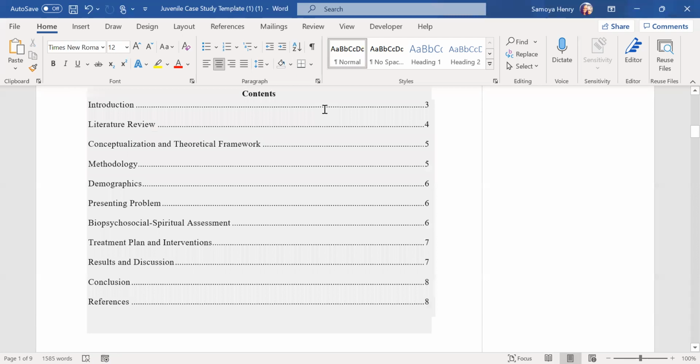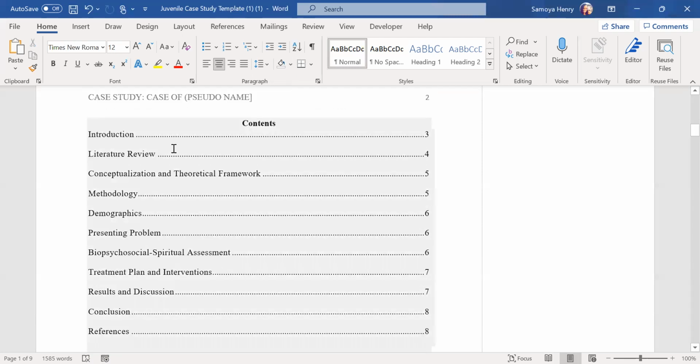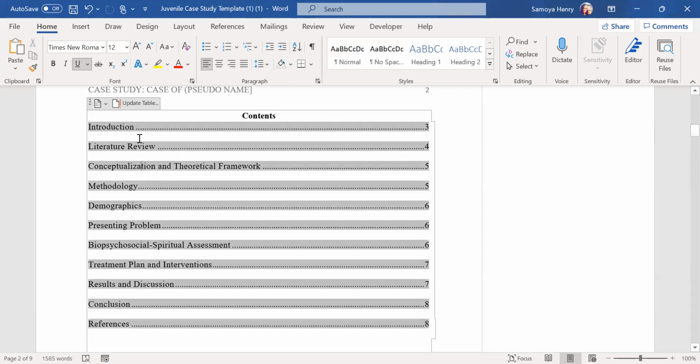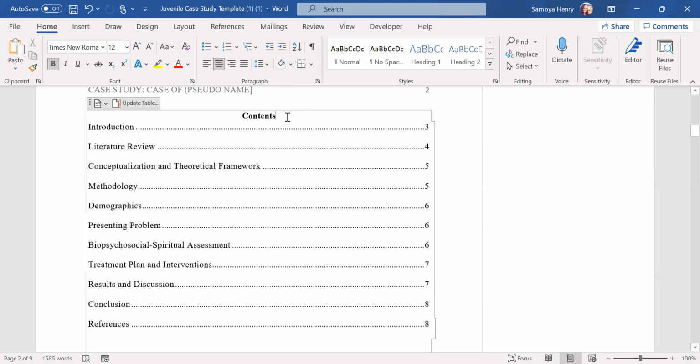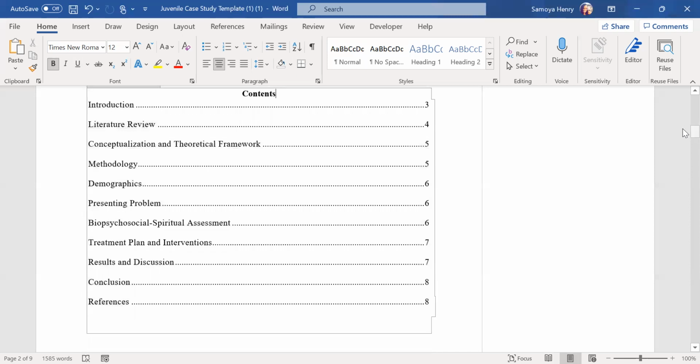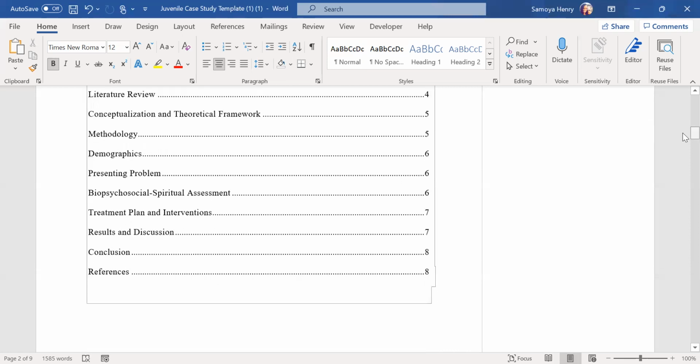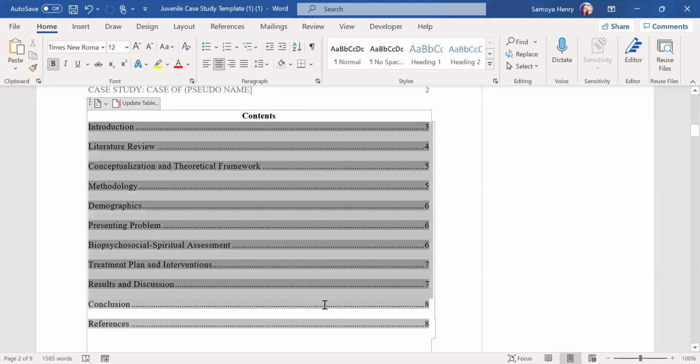I am resending this template, and as such, I've edited the table of content. However, if you have the old template where the table of content is extensive, all you have to do is click on the table and click update table, and it will give you the correct table of content without those added sections. Of course, you want to ensure that your table of content is Times New Roman 12.